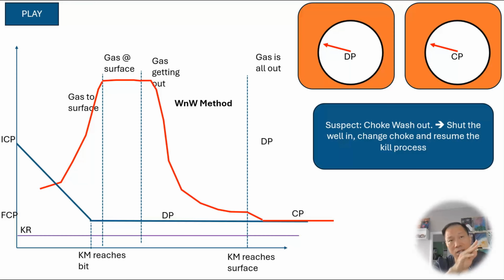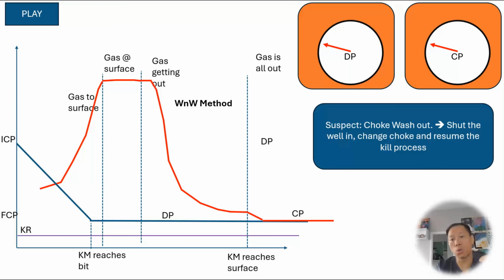So after gas is completely out of the well, kill mud is traveling up into the annulus. Then you see the casing pressure keep dropping while kill mud is filling in the annulus from bottom, because you are increasing hydrostatic pressure in there. Now in this stage, if the choke is washed out, you will see the drill pipe pressure gauge dropping.